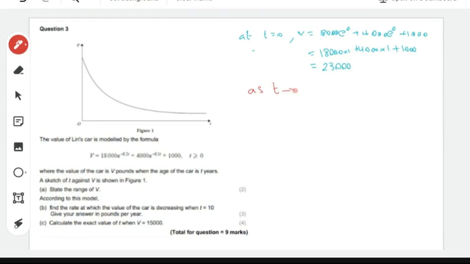V is greater than or equal to 1,000 and less than or equal to 23,000. Okay.